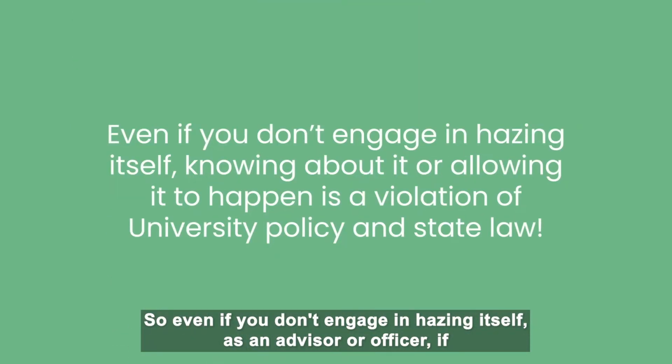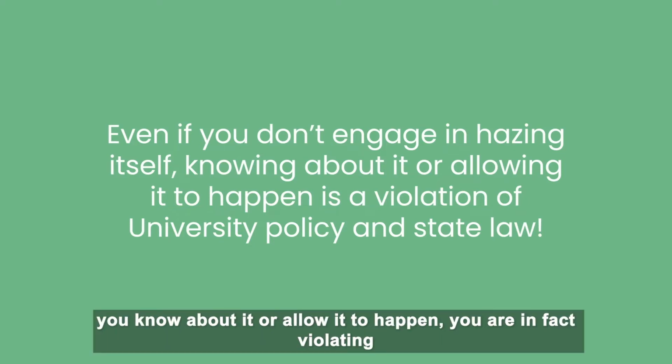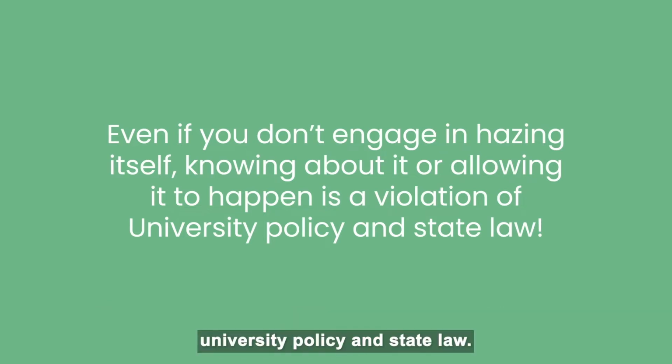So even if you don't engage in hazing itself, as an advisor or officer, if you know about it or allow it to happen, you are in fact violating university policy and state law.